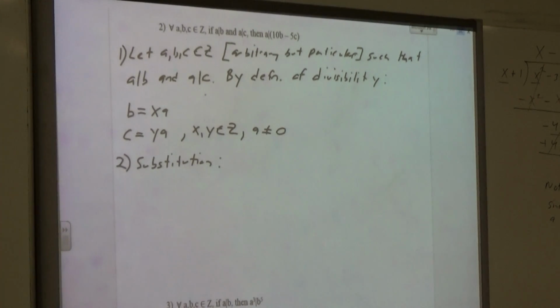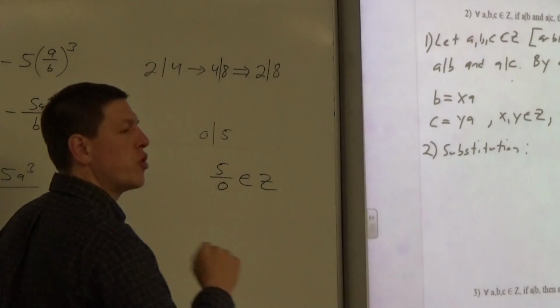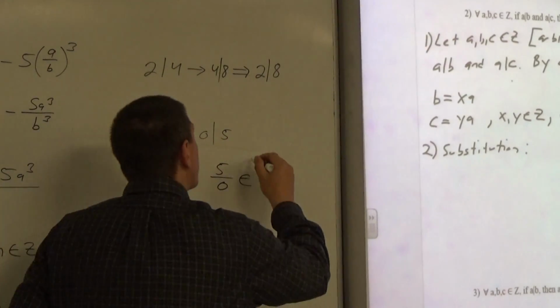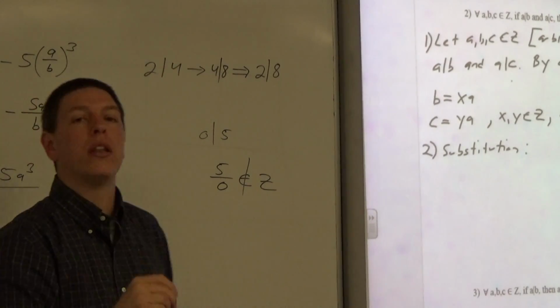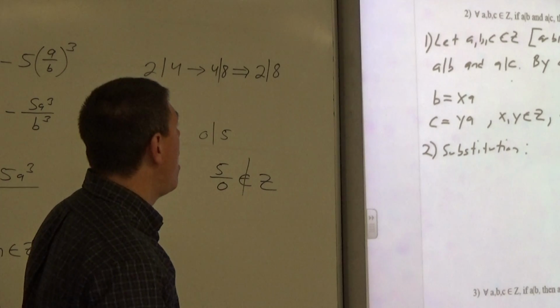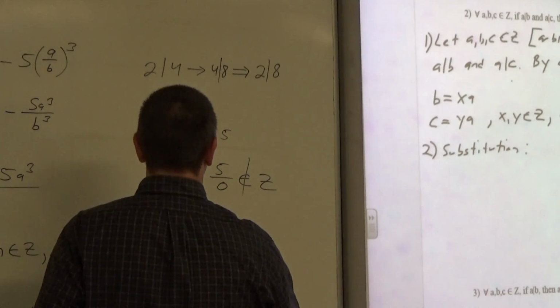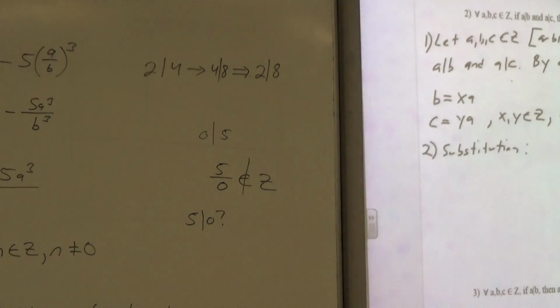So let's say I had this statement, 0 divides 5. That means that 5 over 0 should be an integer, but it's clearly not. I was looking at it as 0 divided by 5. And that's what happens with a lot of students. They flip the definition, because that would have been fine. Like for instance, if I said this, does 5 divide 0? Sure, that does, because 0 over 5 is 0. Okay, does that make sense now, Andre?